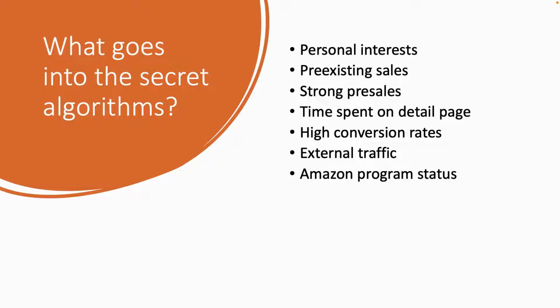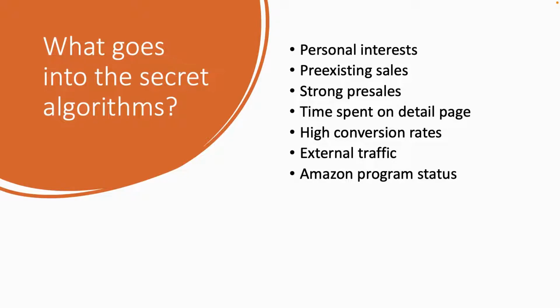Time spent on detail page, because that means people are curious, they're interested, and they're reading the information, the description, the A+ content, maybe the reviews, to determine a little bit more about the book and whether or not it makes sense for them to purchase it. High conversion rates. I explained that earlier in the totally free Amazon Masterclass for publishers, what that means. External traffic.